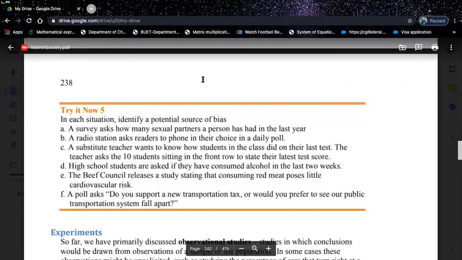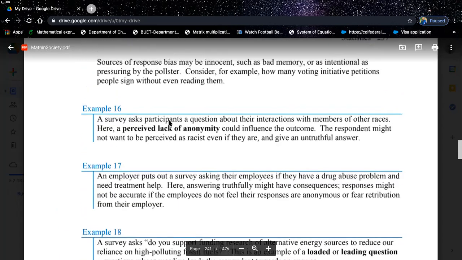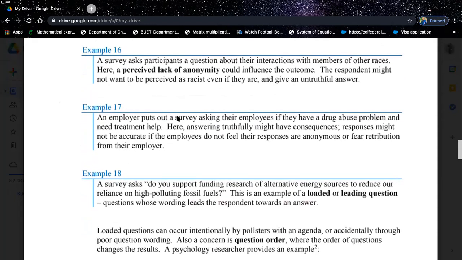Sorry. Response bias or non-response bias. No, response bias. Okay, yeah, that definitely makes sense. Anyone else have a different opinion? Loaded question bias. Okay, yeah, that's an interesting choice. Okay. Anything else? What if I say perceived lack of anonymity?